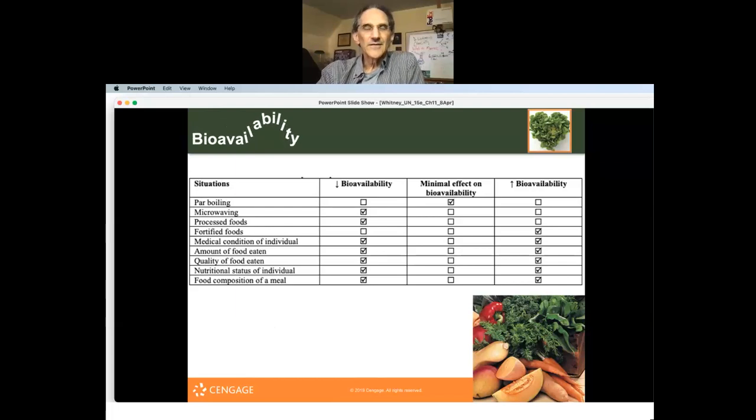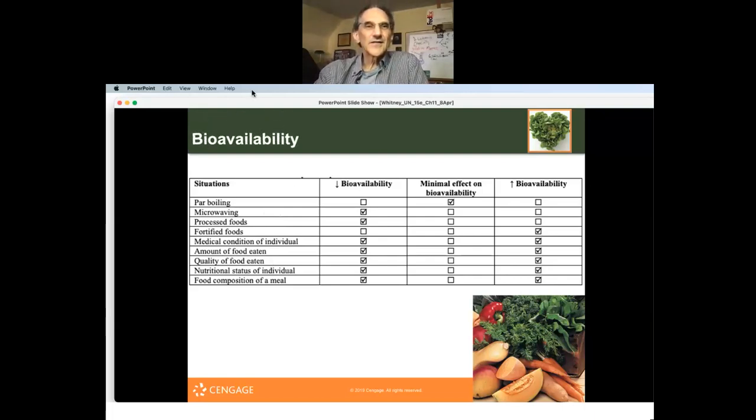The other thing we talk about for all nutrients, but especially for vitamins, is that they have this extra component of the possibility of damaging or losing them from the food. So we look at situations here on the left: certain ways of preparing food, the amount of food eaten, the nutritional status of an individual, and the general composition of a meal.